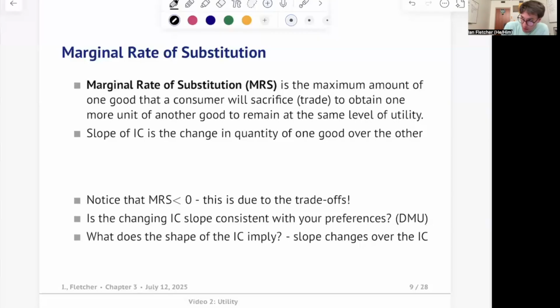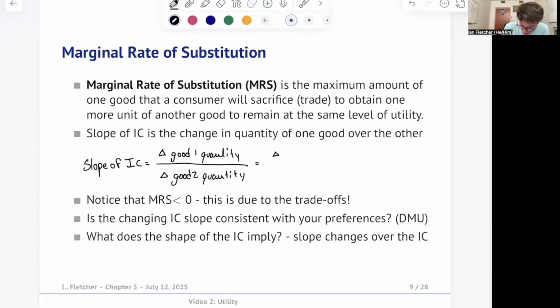So if we wanted the slope of the IC, this is just going to be the change in good one over the change in good two quantity, which is equal to, let's just call this x over the change in y, which is just our derivative of x with respect to y, or our marginal rate of substitution between x and y. Right, and that looks exactly like what a derivative is, right?